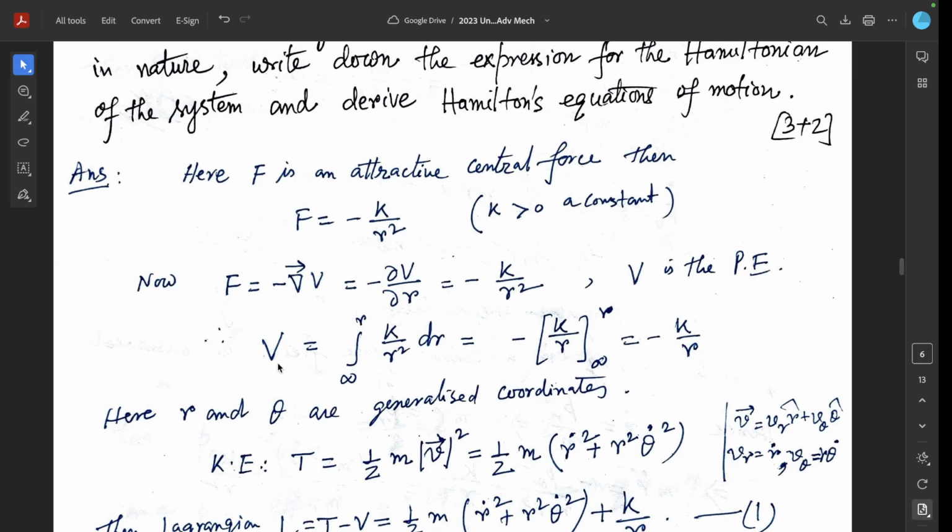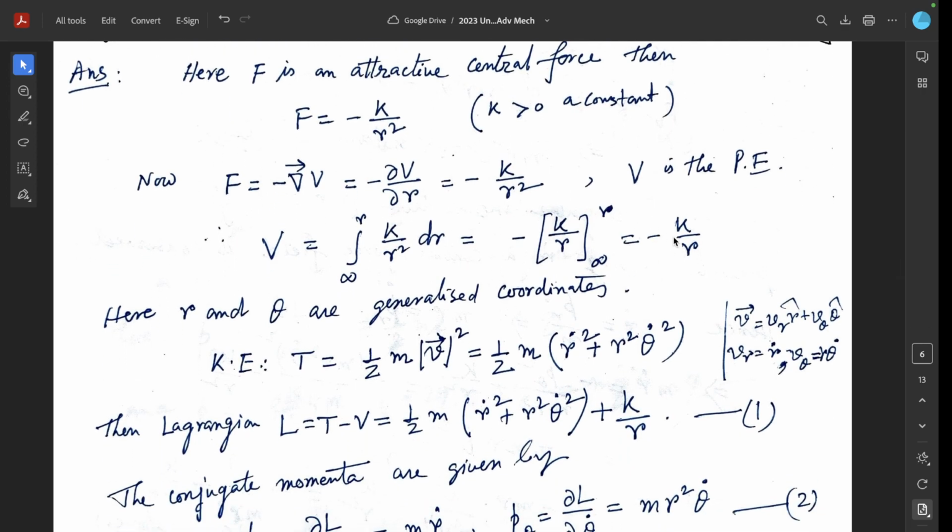And so V equals minus the integration from infinity to r of k by r square. Actually, this is equal to minus k by r evaluated from infinity to r, so minus k by r.